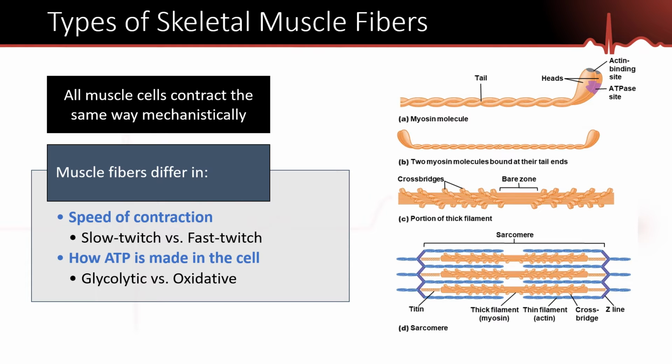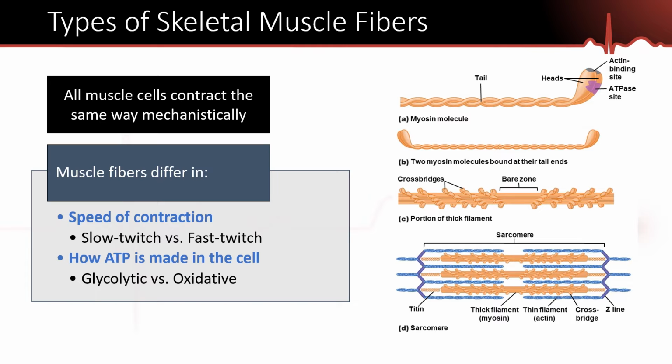The major difference between fast and slow twitch muscle fibers, fast and slow just means the rate of shortening. If the rate of shortening is very fast, meaning that the muscle fibers can shorten at a fast or high velocity, then they're called fast twitch muscle fibers. If the rate of shortening is slow, meaning that the muscle fibers shorten at a slow or low velocity, we call them slow twitch muscle fibers.